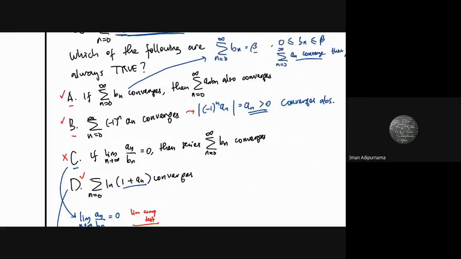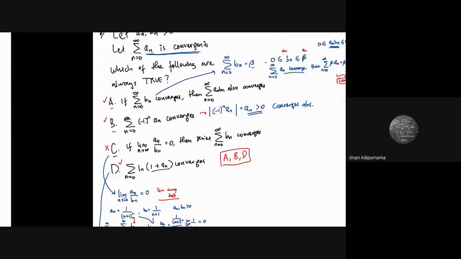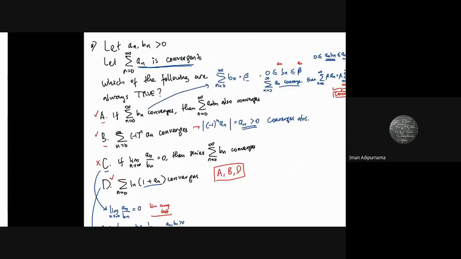So all except C: A, B, D are true. Okay. That's the first example.